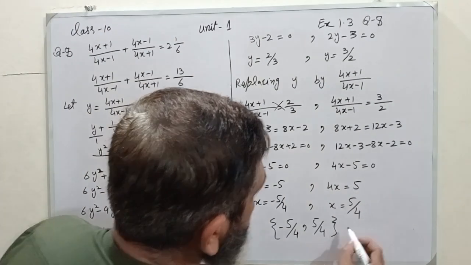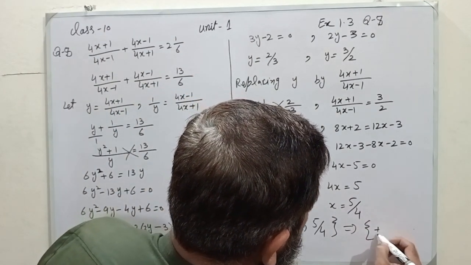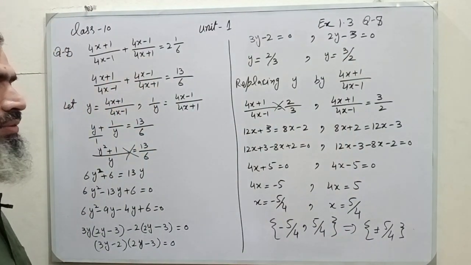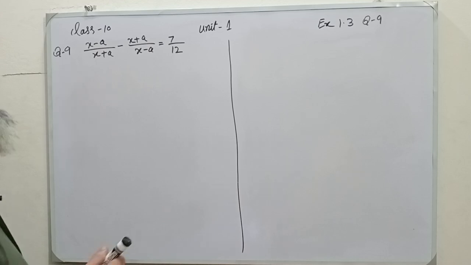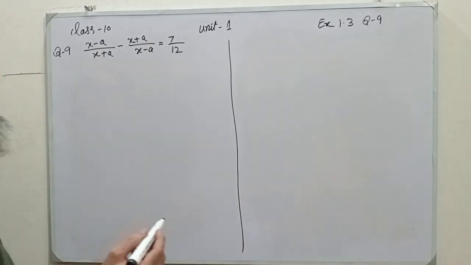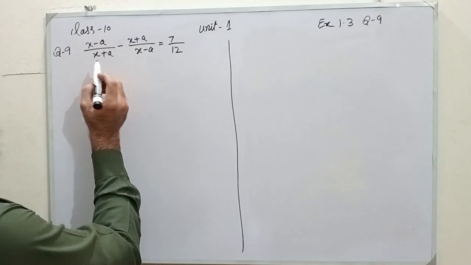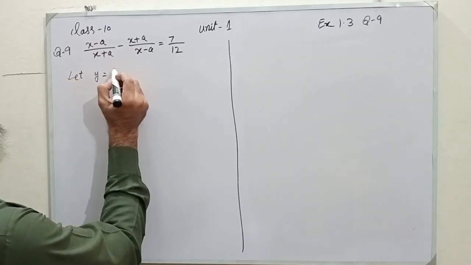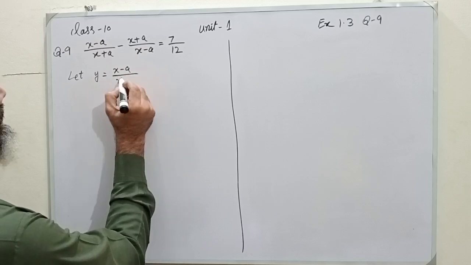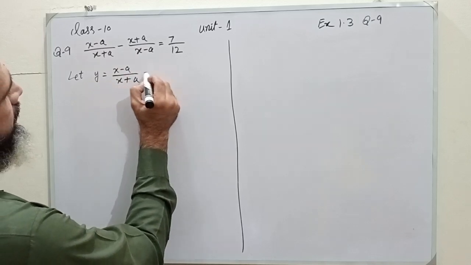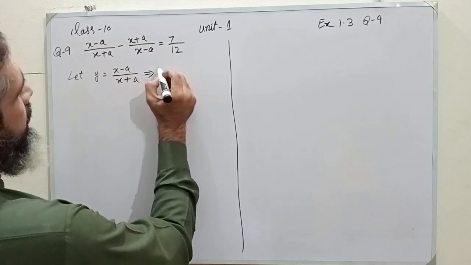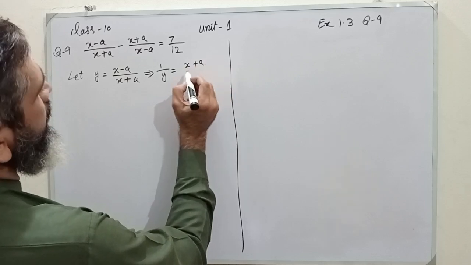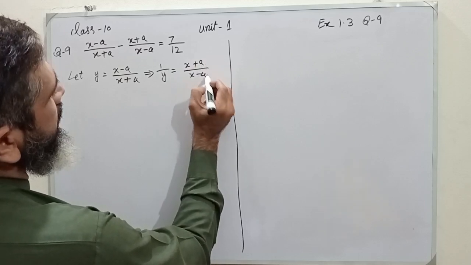You can also write it as plus minus 5 over 4. Now we'll move towards question number 9 by using the second type of the equation reducible to quadratic form. Here let y is equal to x minus a over x plus a, then 1 over y is equal to x plus a over x minus a.